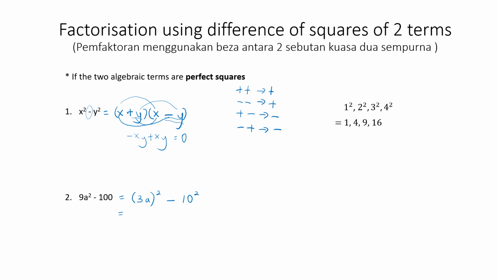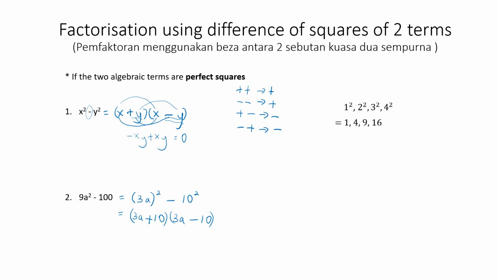And now you can write it in two brackets. So this is 3a, this is also 3a, so you get 3a squared, and 10 squared, from 10 times 10. To get a negative sign, you will have positive and negative.